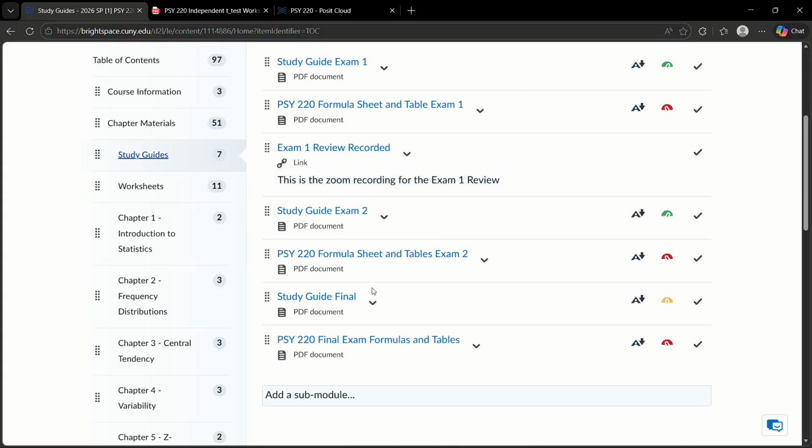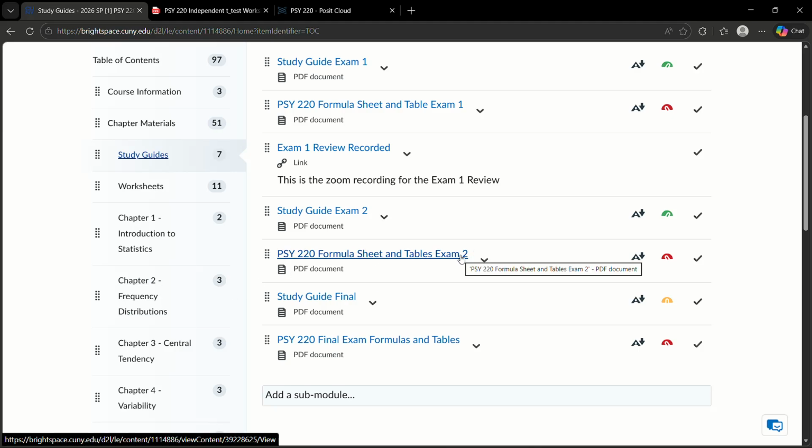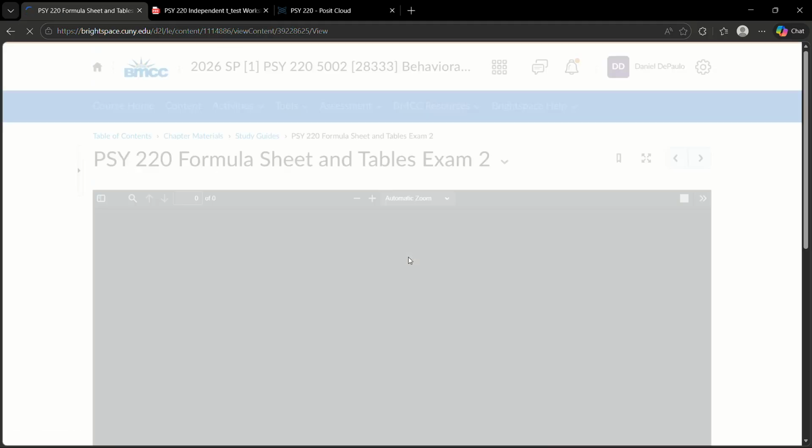And if you scroll down, you'll see study guide for exam 2 here, which is good to look at because you'll be having exam 2 a few weeks down the road. And then you have this Psych 220 formula sheet and tables exam 2. So we're going to want this formula sheet and tables exam 2 opened.